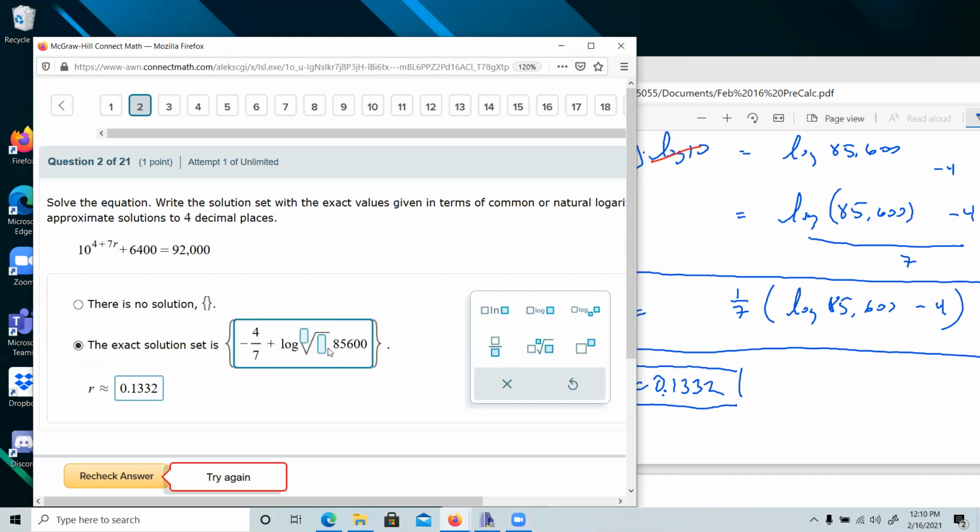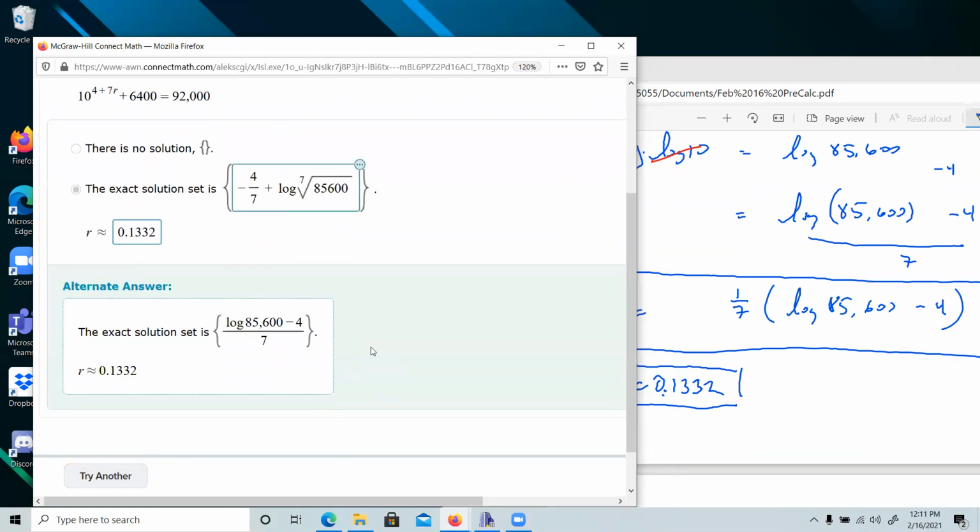I don't know what the heck they're doing. Okay, but this is 85,600. And let's put a 7th root in here. I don't think that's simplified, but let's see. Oops, it's not going to like that. I forgot to erase this. It was okay. Okay, that's fine. I wasn't really sure how they wanted me to write this thing, but there we go.